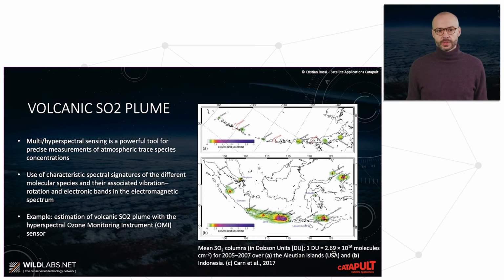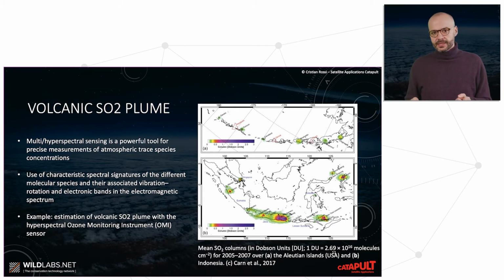Another application, quite popular, is in the earth science. So, for example, looking at volcanic SO2 plume. This is again looking at the atmospheric side in this case, and the atmospheric part of our planet, and looking at the signature of SO2, which is quite a unique one.